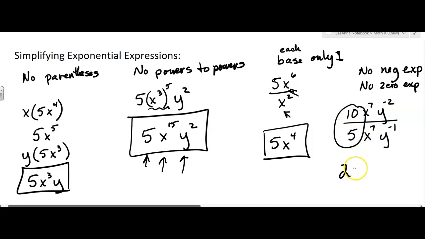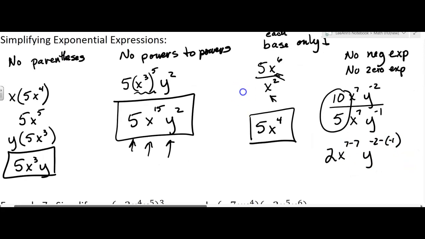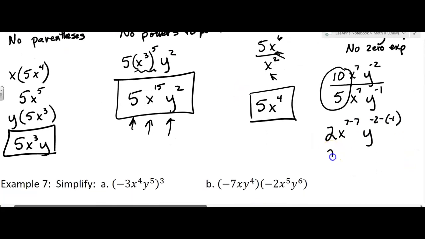And then I subtract the exponents, 7 minus 7. And I subtract the exponents for the y. And then you get out your calculator or whatever you need, and you figure this out. And you have 2x to the 0, y to the -1. And you're like, oh, okay, I'm done. Well, no, because you have that 0 exponent. So remember this part, that's just 1. And you also have a negative exponent here, which is a problem.